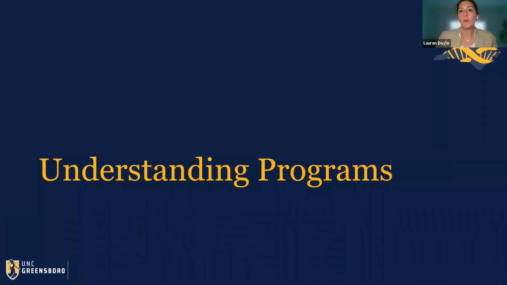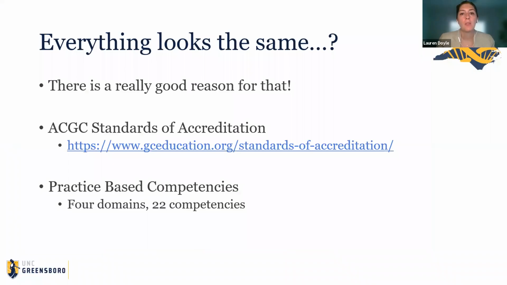So once you've located the programs, you now have the challenge or the task, depending on how you want to view it, of understanding those programs. I didn't specifically say differentiating the programs, because there's a lot that's similar. So let's talk about some of the areas to look at when considering programs.